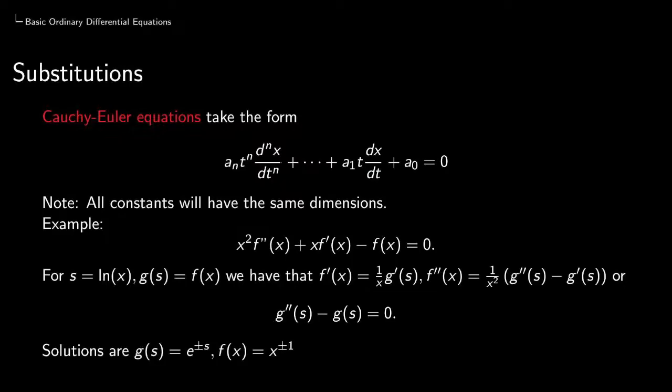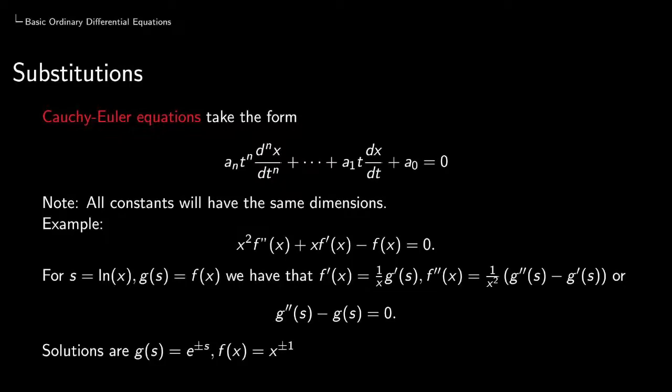And we then define g of s is equal to f of x, but we're going to express f of x in terms of s instead. Using some chain rule formulas, we can relate f prime of x in terms of g prime of s. You can relate f double prime of x in terms of g primes and g double primes of s. And it simplifies to the equation you see at the bottom, g double prime of s minus g of s equals 0.